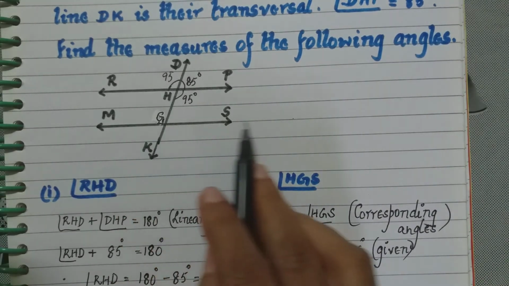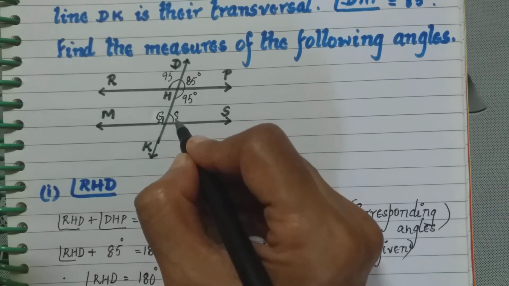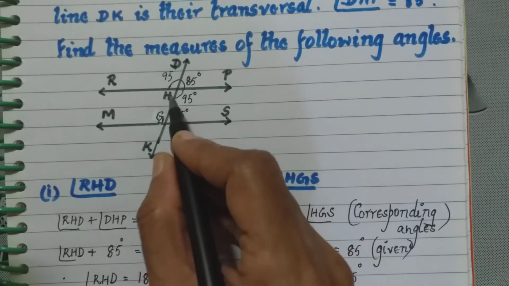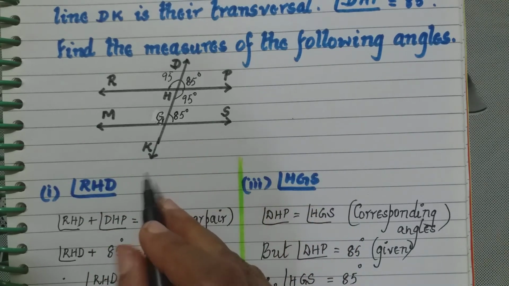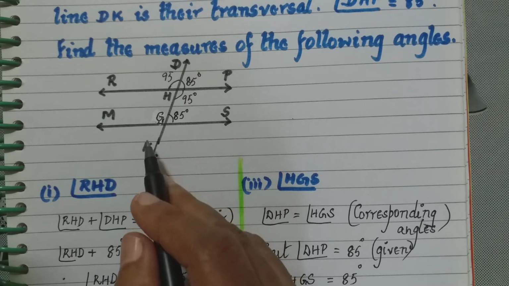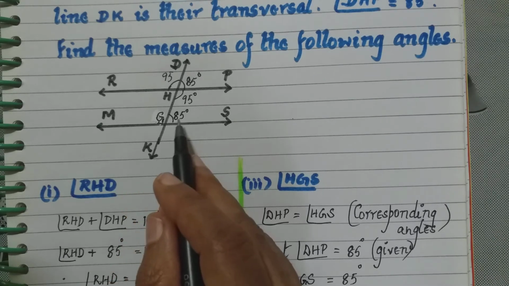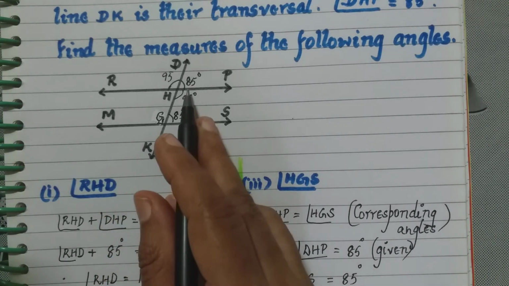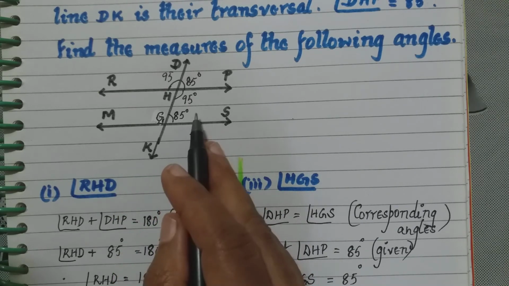Angle HGS, just now we found out, is 85 degrees, that is this one. If I have to find angle MGK, I notice that the measure of angle MGK also will be 85 degrees. Why? Because angle MGK and angle HGS are vertically opposite angles.